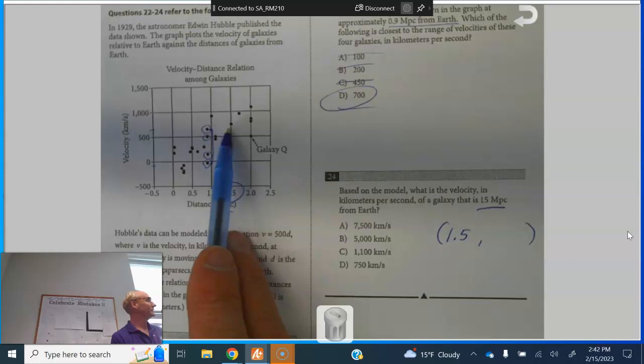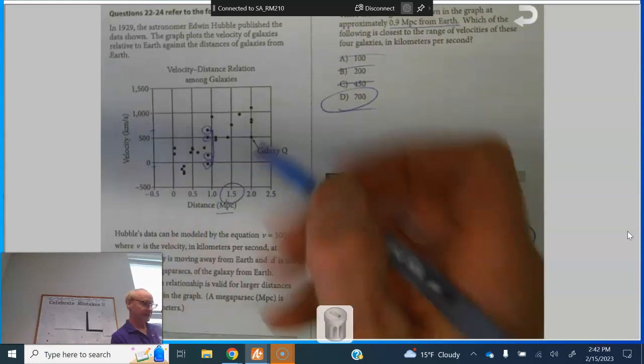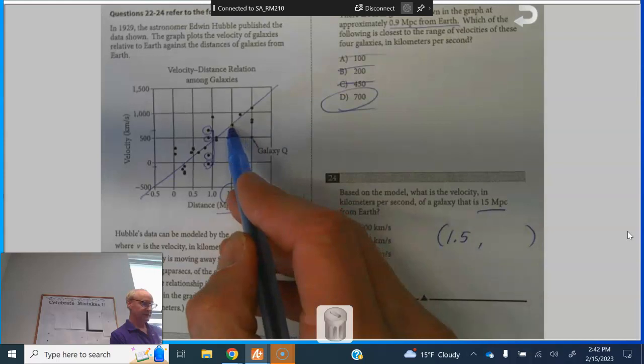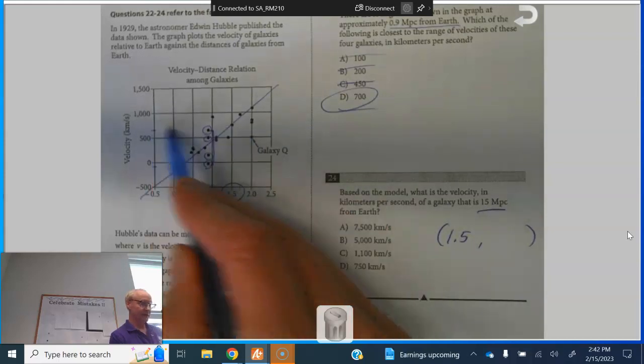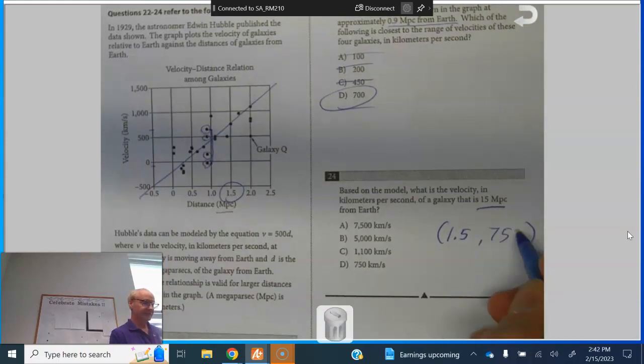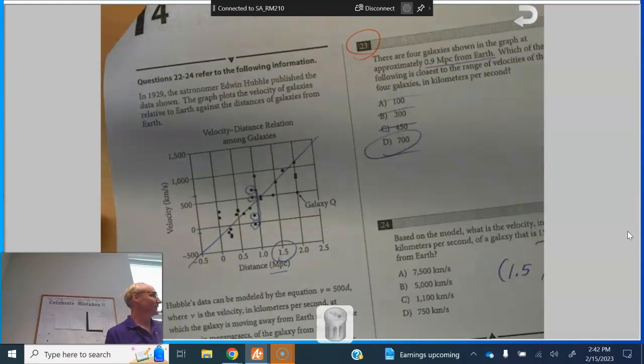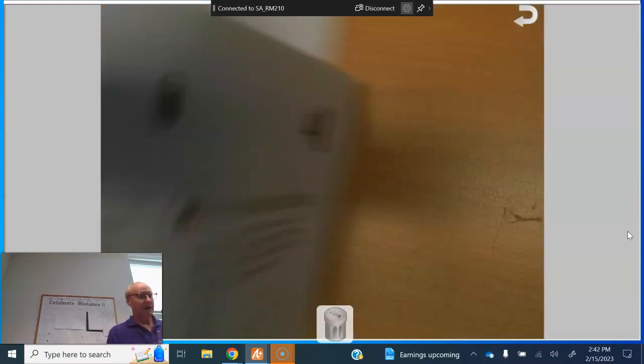Yeah? But you see that? And it looks like it's part of that best fit line, doesn't it? So it looks like 750. It's right in the middle there. Looks like it's about 750. So what's going to happen at 15? You can figure it out. All right. Yeah, it's going to be 10 times as big. So we're expecting that. All right.